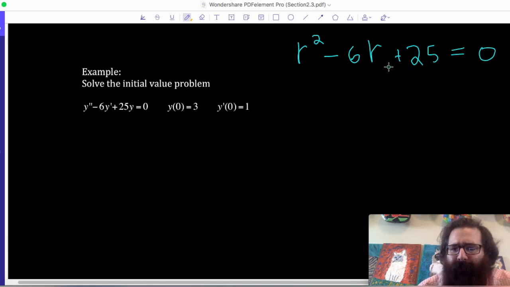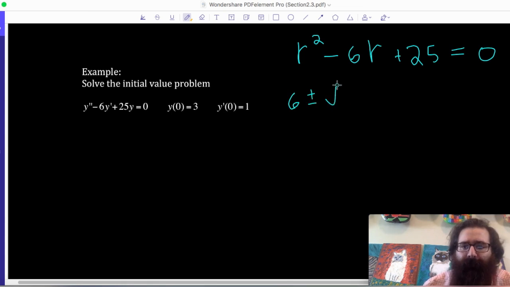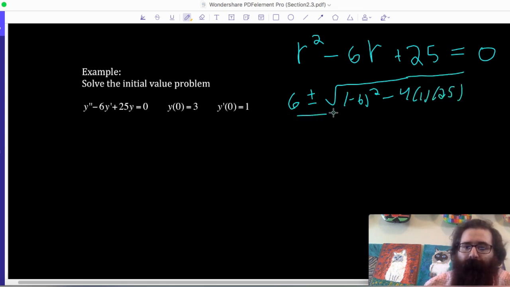Now, I'm trying to factor this. I don't think that it's going to factor easily, so I usually don't like to mess around and try to get too creative. If it doesn't look like it's going to factor, I like to immediately go to that quadratic formula. So b is negative 6, so negative b is positive 6, plus or minus the square root of negative 6 squared minus 4 times 1 times 25, all over 2 times 1.